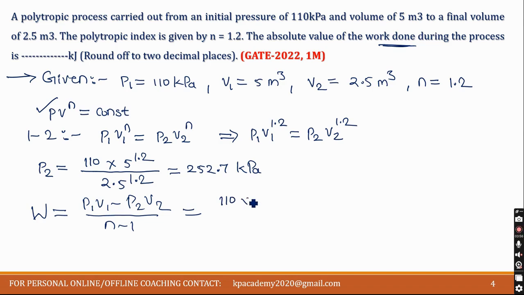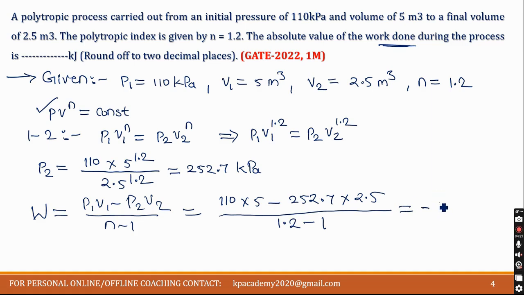P1 is 110 multiplied by V1 is 5, minus P2 is 252.7, which we just calculated, multiplied by V2 is 2.5, divided by n minus 1, so 1.2 minus 1. If we solve this, we get the work done as minus 408.92 kilojoule.